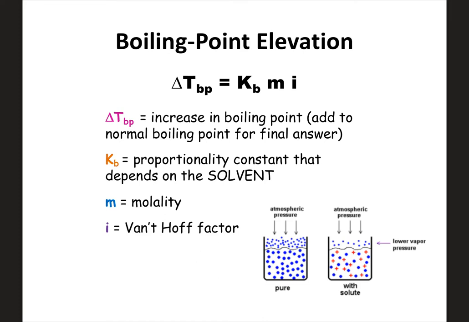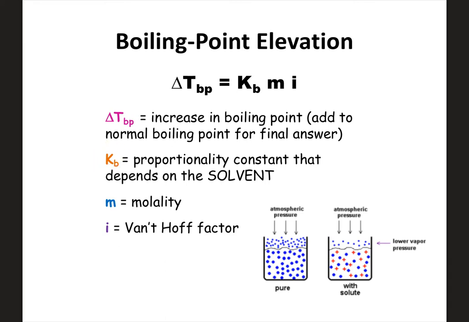Depending on what the question is asking for, if all it's asking for is what is the increase in the boiling point, that would be this. But if it wants to know what is the actual boiling point now, you have to take this number and add it to the normal or original boiling point to get your new boiling point.